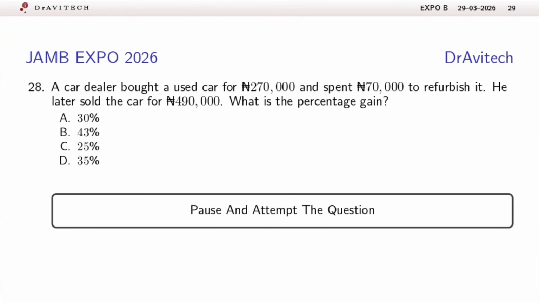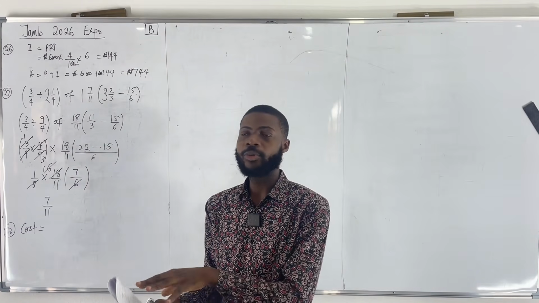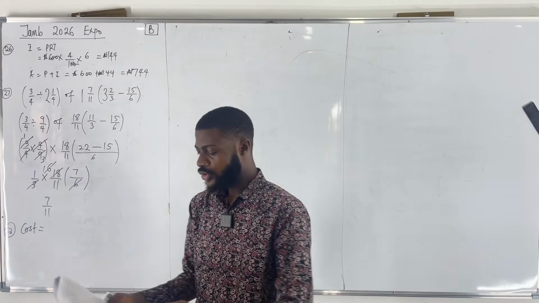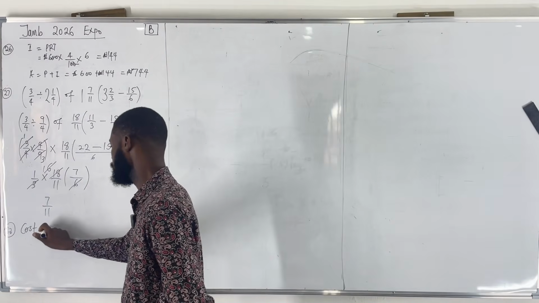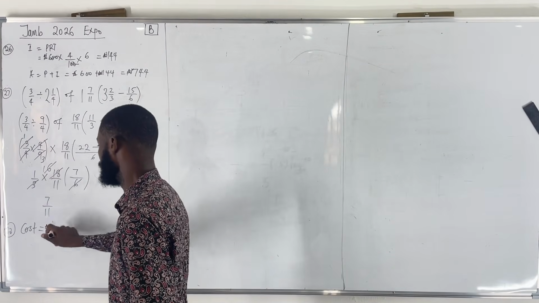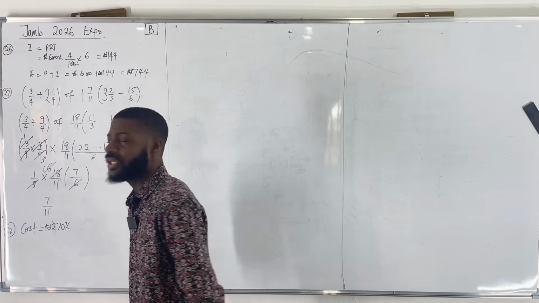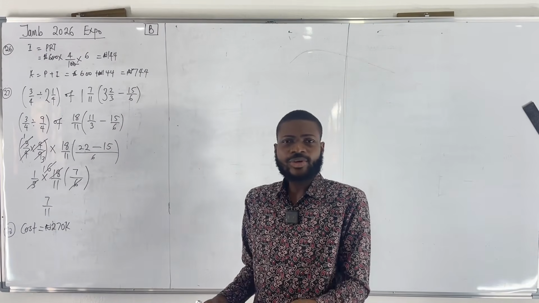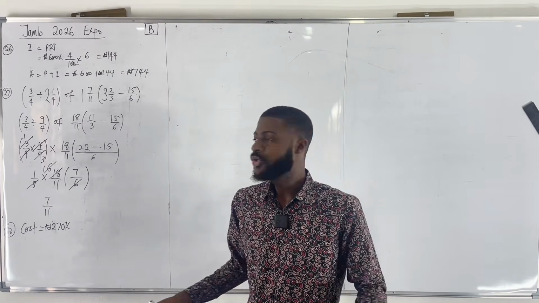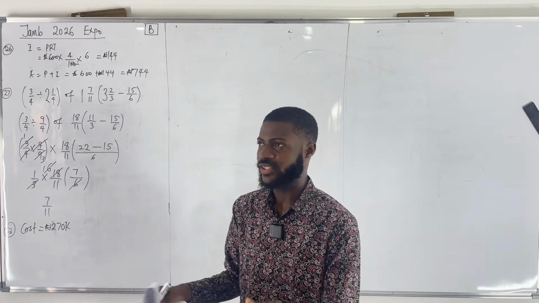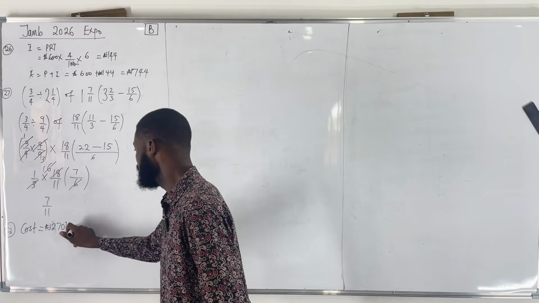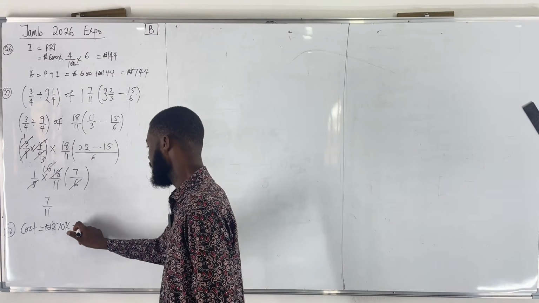Now, for a question like this, the cost is always any amount, any expense incurred to make that very product marketable. So he bought the car at 270,000, so 270k. I think I'm just going to be using k. But of course, given the condition of the car, he could not sell it. So he had to do some finishing touches here and there. So he spent 70,000 naira to do that.